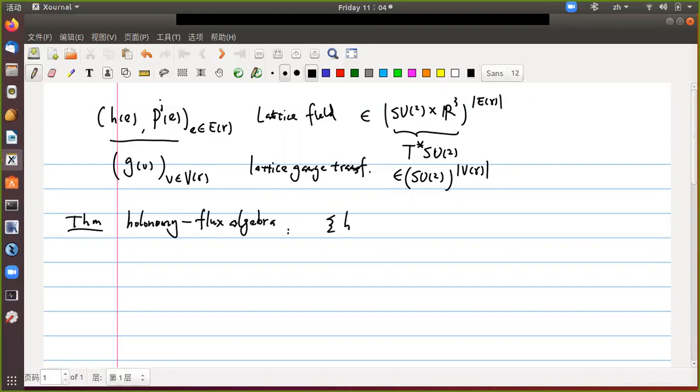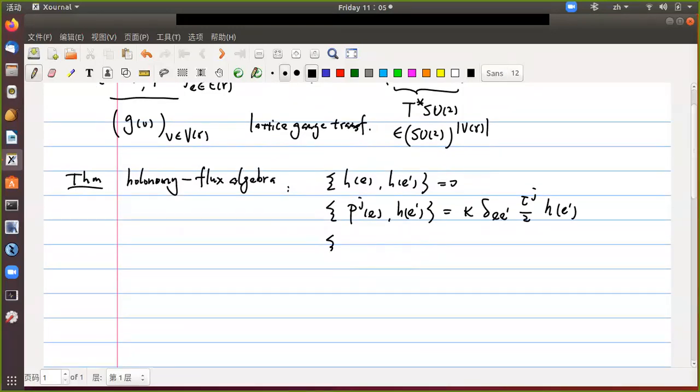Firstly, the Poisson bracket between h and h is just 0. And the Poisson bracket between P and h is non-trivial, it is half times h_e'. And you also have a non-trivial PP Poisson bracket.